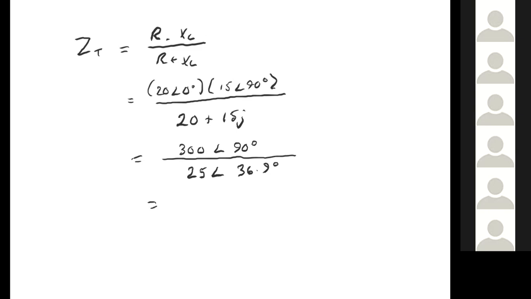So that's 300 over 25, 12 ohms, angle, then we take 36.9 away from 90, 53.1.